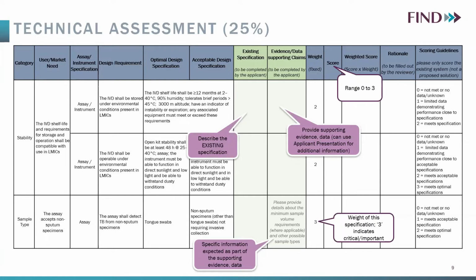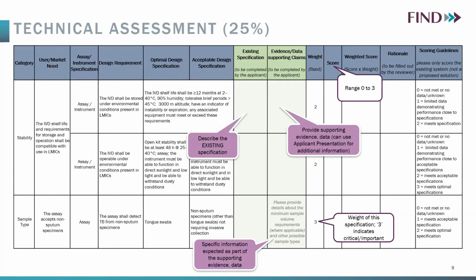And if you wish to include additional information, this can be included in the applicant presentation. The scoring is done on a range from 0 to 3, according to the scoring guidelines that are shown in the last column. And the weight for each of the questions is fixed.